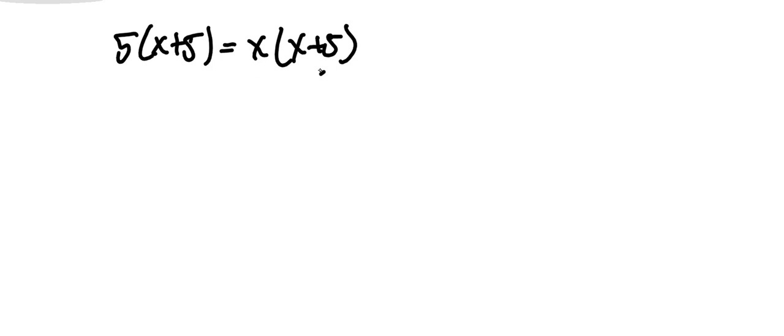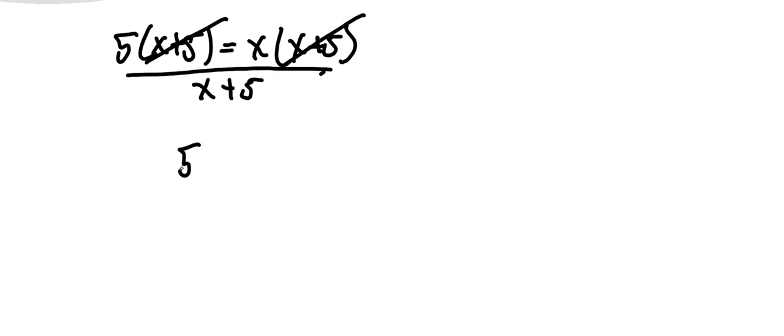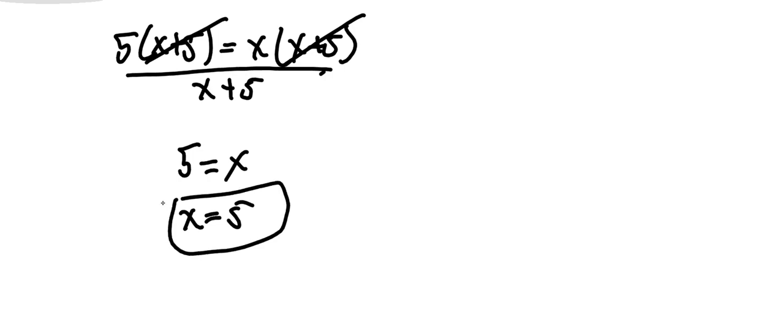So we would have to distribute. However, if you see two of the same quantities on the other side, they will cancel most of the time. So if we divide this entire thing by this quantity, x plus 5, the x plus 5s are going to cancel out. So now we just are left with 5 is equal to x. So that's the solution right there.